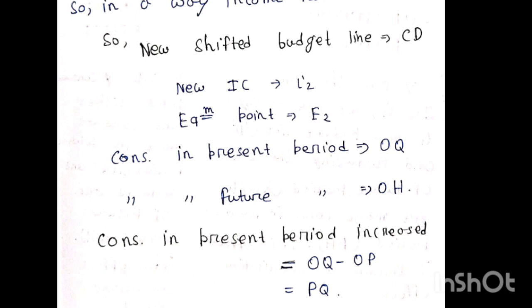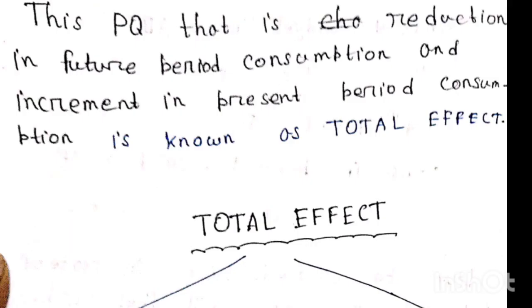Read this note along with the graphical representation, then it will be very easy to understand it. Now this PQ, that is actually the increase in the first period or present period consumption, and as we are increasing the present period consumption, then we have to automatically reduce the future period consumption.